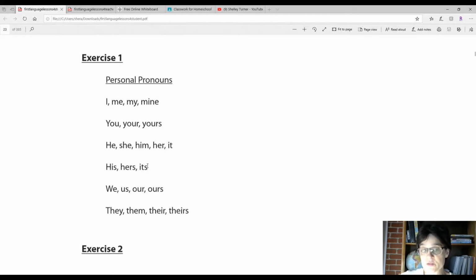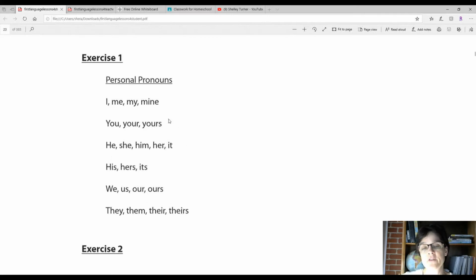So this without an apostrophe is a personal pronoun that's possessive. It shows possession. Now if you were to add an apostrophe there, it makes it into a contraction, and that's a totally different animal because then it actually stands for two words: it is. We'll cover that later on, but anyway, I just wanted you to know that.